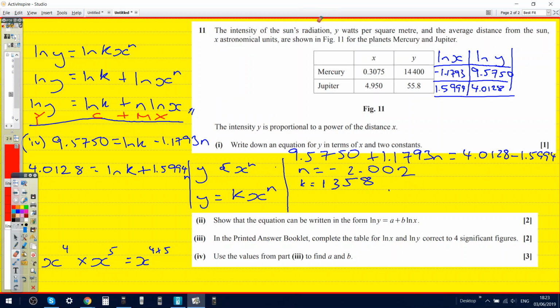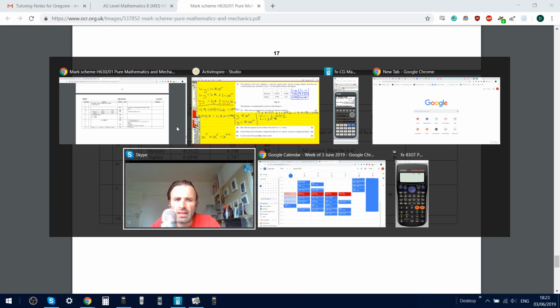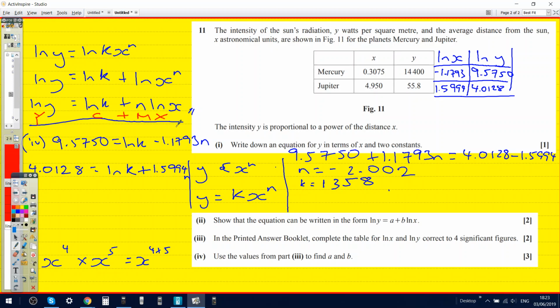Any questions there? And does that match up with the mark scheme? Minus 1.999. See, yeah, I thought this might happen. So we're just slightly out. Oh wait, hold on.